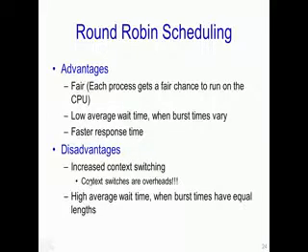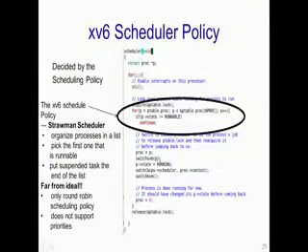There is an increased number of context switches, and as we have seen before, context switching has considerable overheads. The second drawback is that the average wait time is high, especially when the burst times have equal lengths. The XV6 scheduling policy is a variant of the round robin scheduling policy.